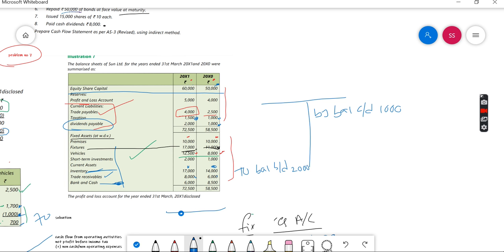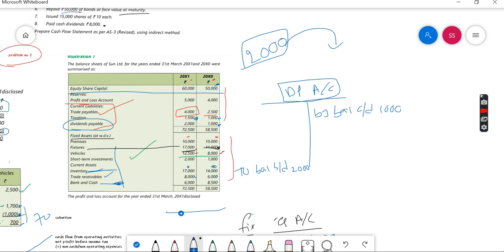So whenever you declare a dividend, you will transfer it to one account called dividend payable, and the dividend payable you will record in the balance sheet as a liability. So during this year also, you have declared 2000. That means this 2000 also you will transfer to the dividend payable account. So what is the general entry you will pass? You are increasing the liability.